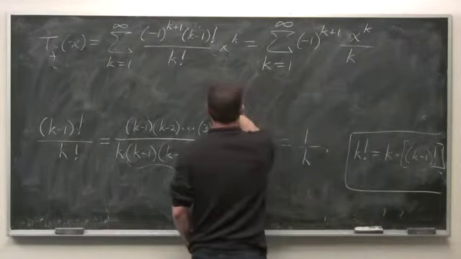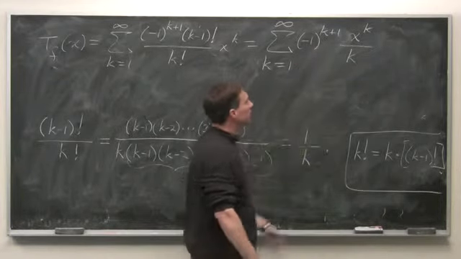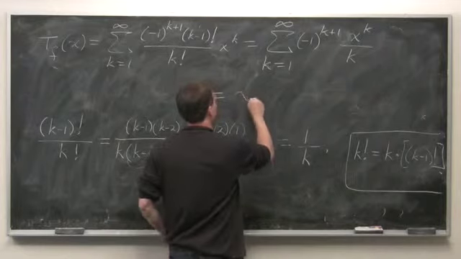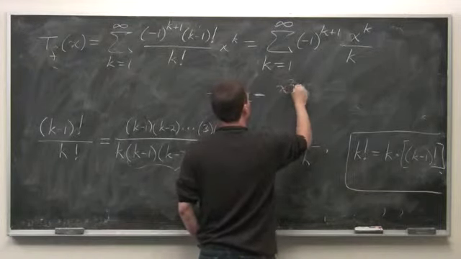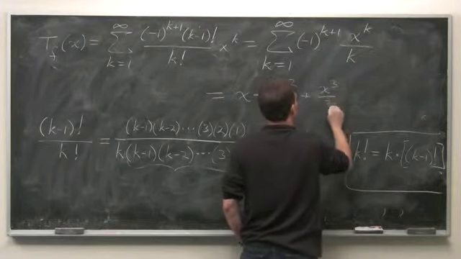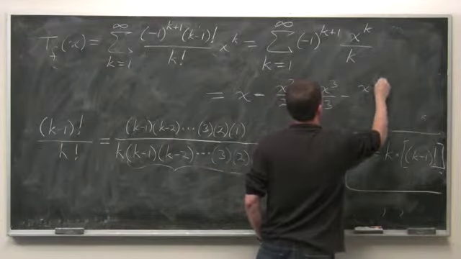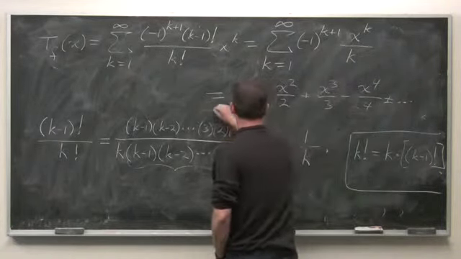And then you can write out the terms and see that it's what I wrote. When k is 1, you get a plus sign, and times x over 1, so you get x. When k is 2, the sign alternates to a minus, and you get x squared over 2. When k is 3, you get x cubed over 3. When k is 4, the sign alternates. You get what I wrote.